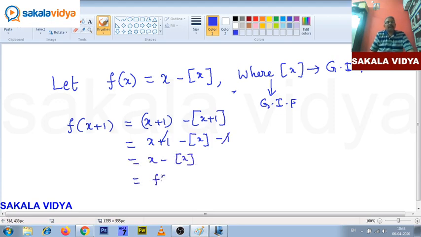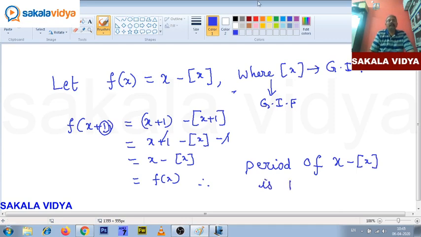This again we got f of x. So, that means this one is called the period. So, therefore, hereafter remember the period of x minus greatest integer function is unity, 1. This you need to remember.